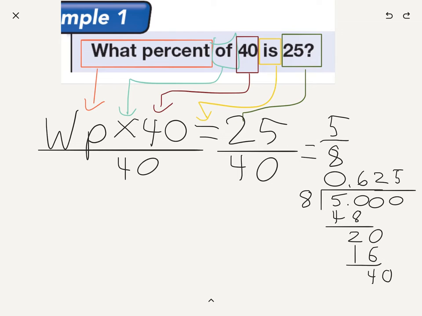And then the book has an interesting way to visualize what you're doing to convert that to a percentage. You could think of the conversion as almost like a unit conversion of 0.625 times 100%.